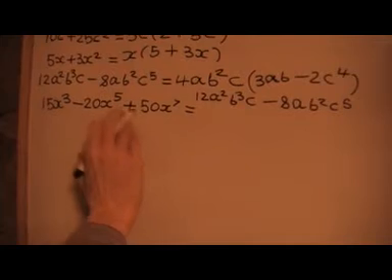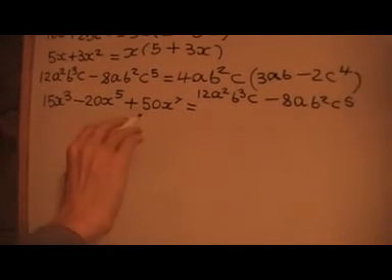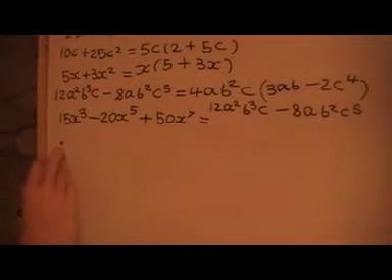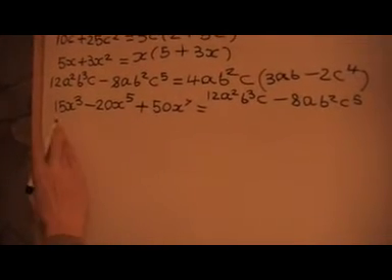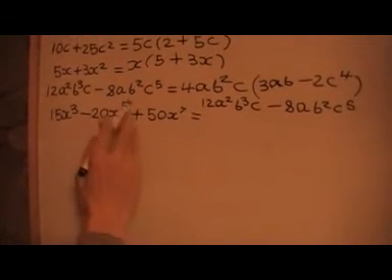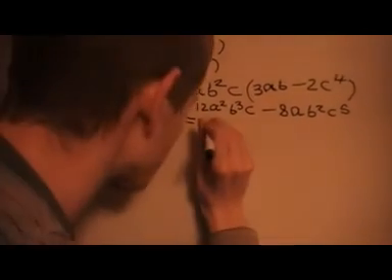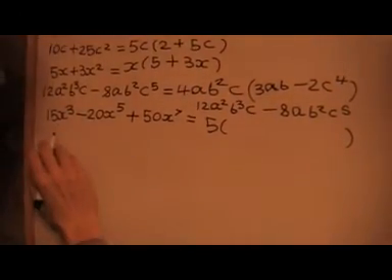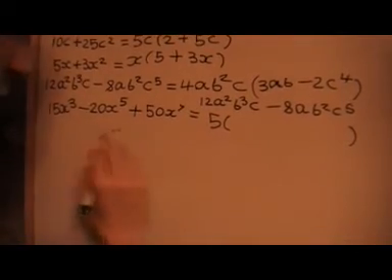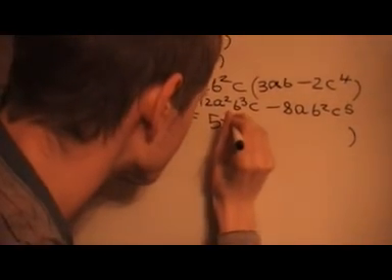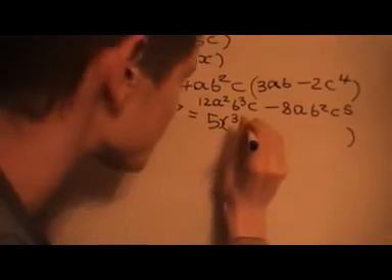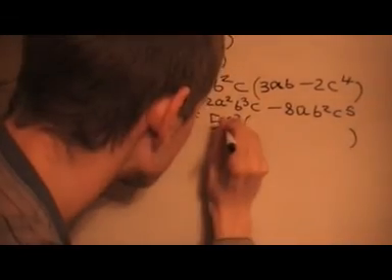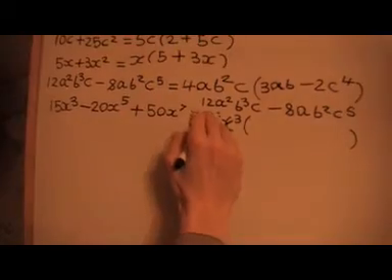Now look, we've got 3 terms here. When we've got 3 terms, we don't do it any differently, we just look for a factor. I see that 5's a factor of 15, 20 and 50. So I take 5 out as a factor. I also take x to the 3 out as a factor here. So I've got x to the 3.